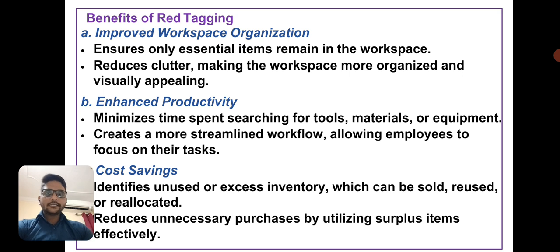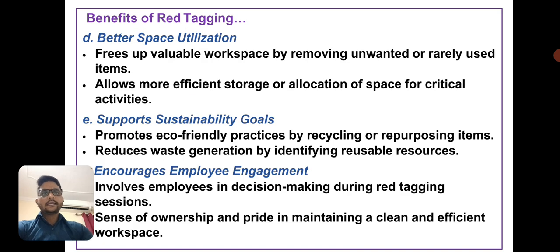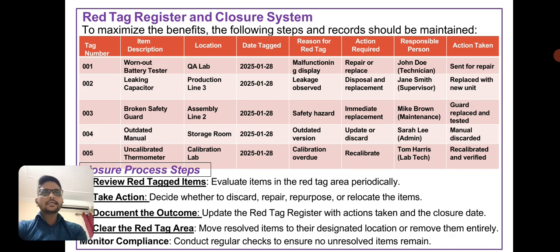Benefits of the red tagging process are workspace organization, enhanced productivity, cost saving, better space utilization, support for sustainability goals, and encouraging employee engagement. And next is the red tagging register and closure system. What is the importance of the red tagging register and closure system?